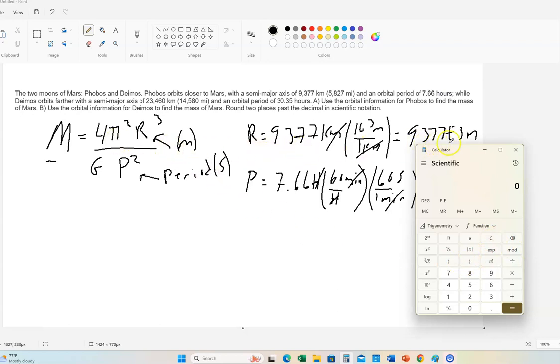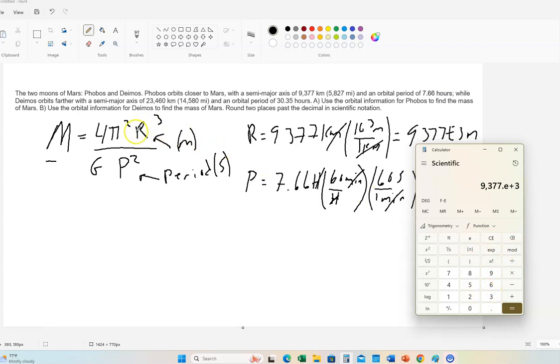All right, so let me just type it in. 9,377. That's the distance from the center of Phobos to the center of Mars, times 10 to the third. I could just put 3 more zeros, or 10 to the third.